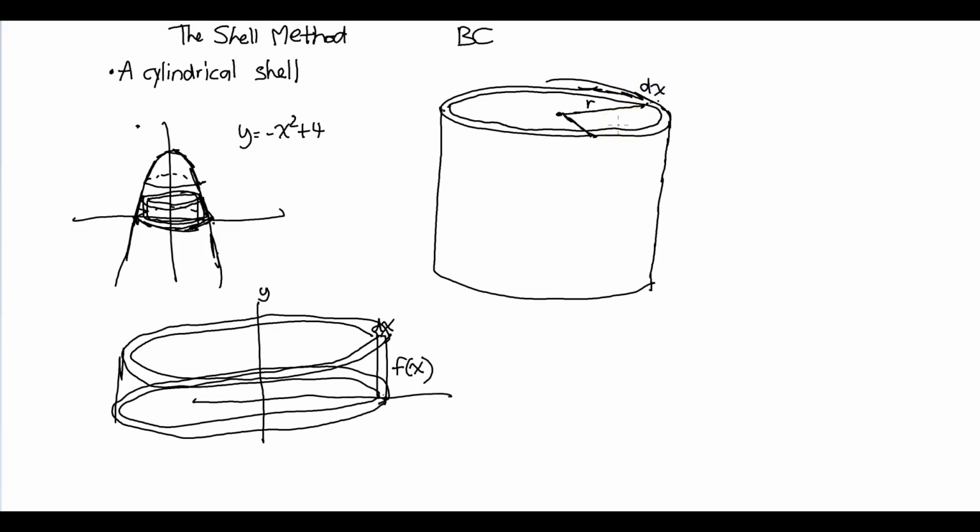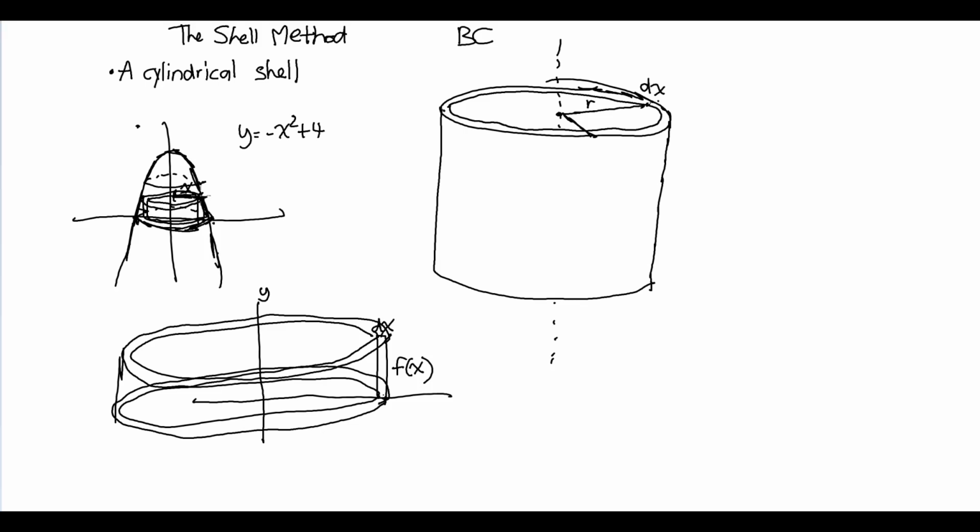This is R and dx. What does R represent, first of all? R represents the distance from the y-axis to the function, usually x. So the distance from your axis of rotation to the actual function.